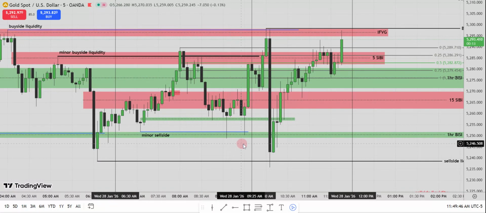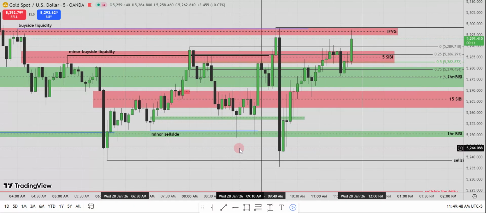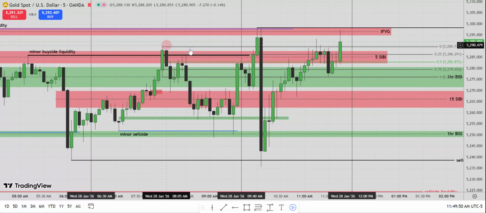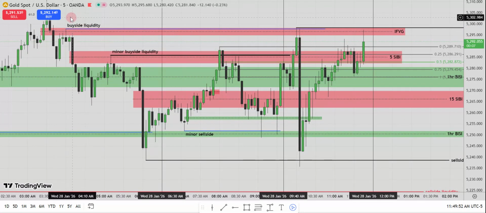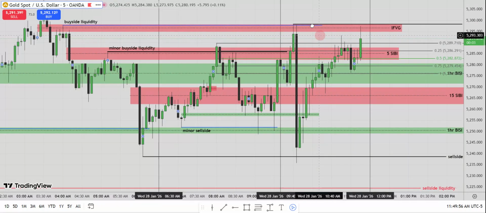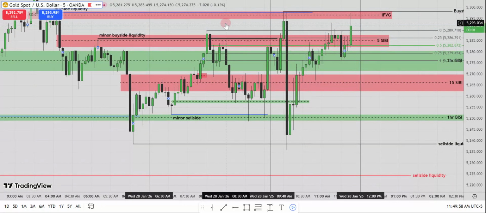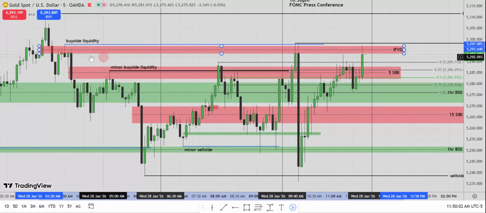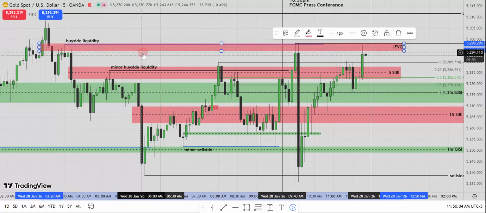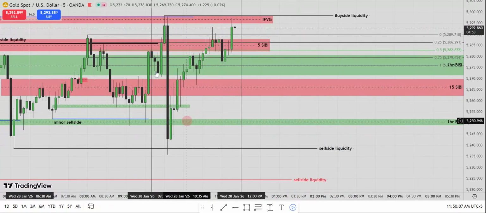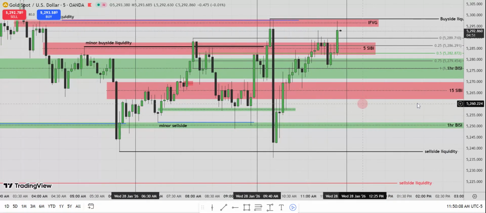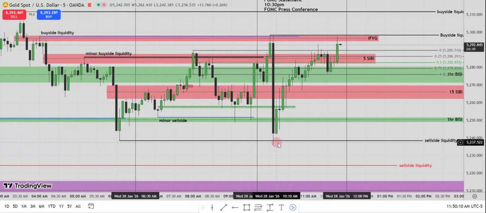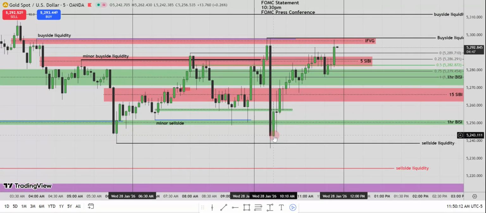Right before the New York silver bullet, price rallied up heavily, taking out that buy side liquidity and respecting that IFVG once again. Remember, this is a reclaimed FVG, and immediately just dropped to this liquidity. After taking it out, you see how the candles are forming.